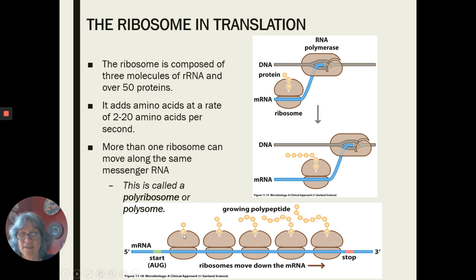So here's my growing polypeptide. Keeps adding amino acids till I get this big long chain of amino acids. In bacteria, I can have lots of them running along my RNA at the same time. It's called a polyribosome or a polysome. So I can get a lot of protein, a lot of enzyme made really, really quickly when I need it.